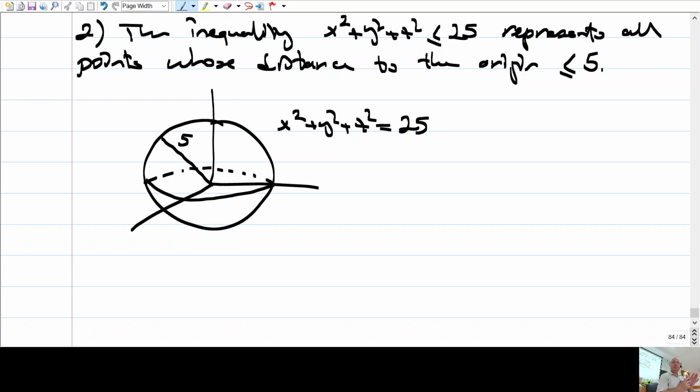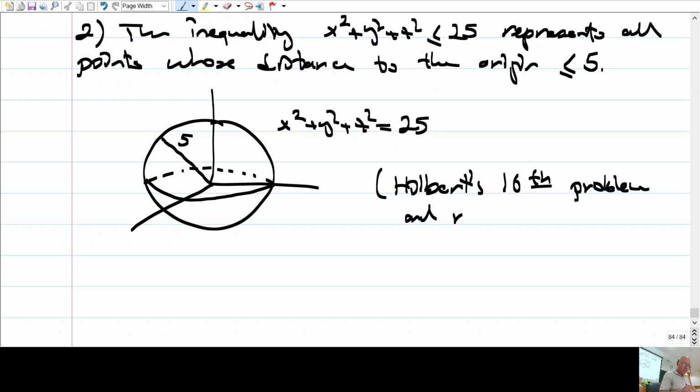It's a very deep subject, and it has a name. It's basically called Hilbert's 16th problem and related problems.